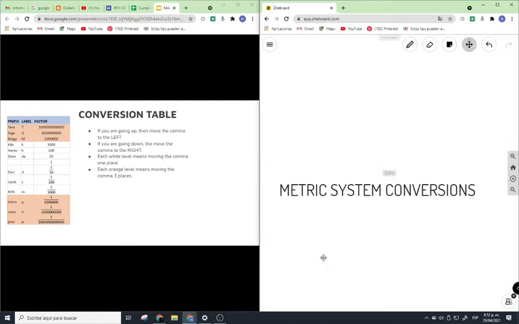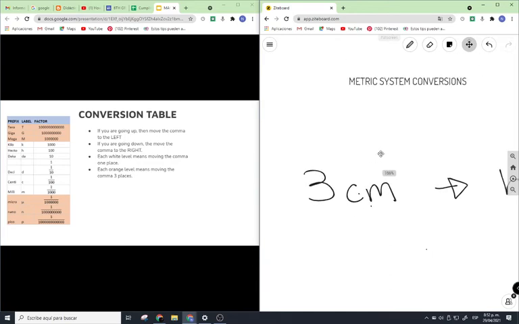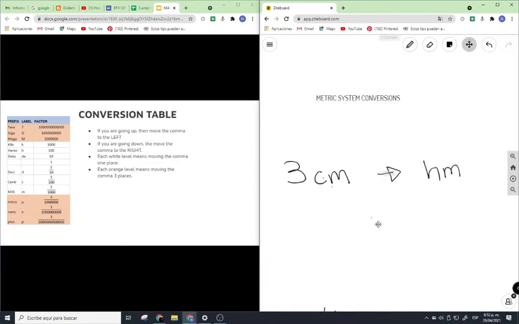The first example that I want you to think about is converting centimeters to hectometers. We start in centimeters, in this level, and you want to get to hectometers, the H. By the way, this level is empty because the base unit doesn't have a prefix.